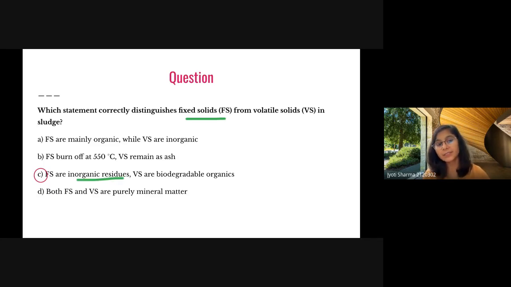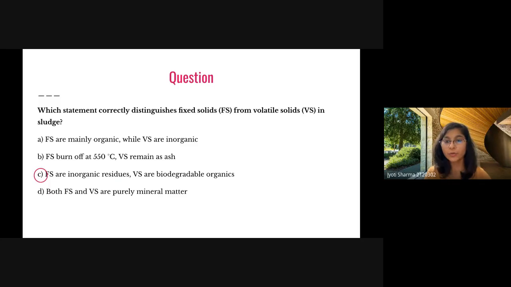It means that can't be burned out, right? The volatile solid can be burned out. It means they are biodegradable under combustion. We can burn it out and we can make it volatile in nature. So these are biodegradable organics. So that's how C answer is the right one.